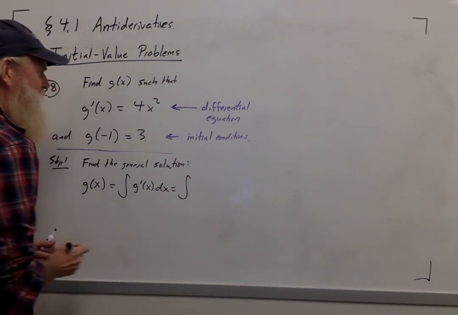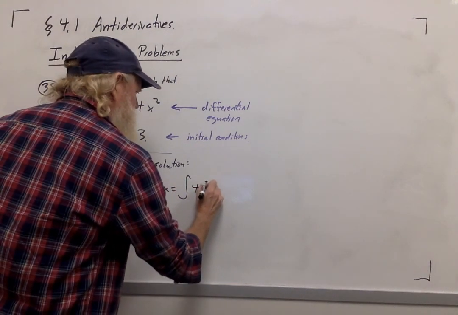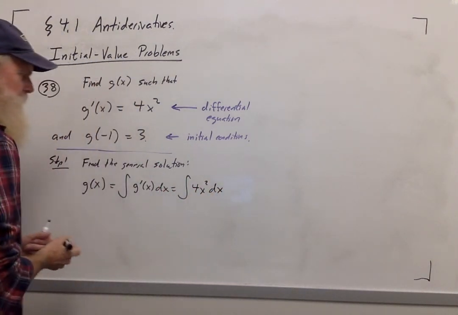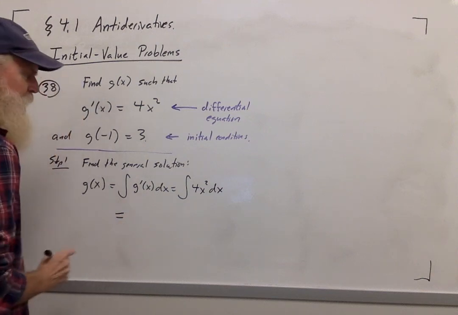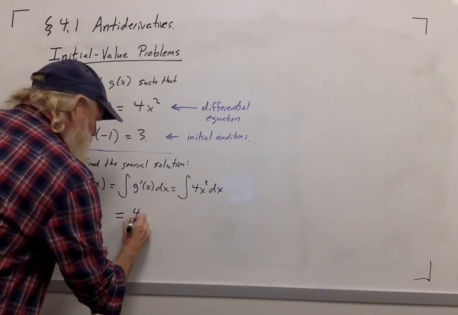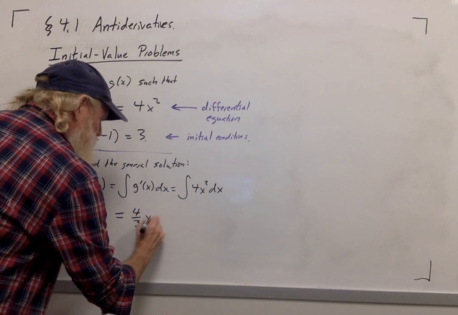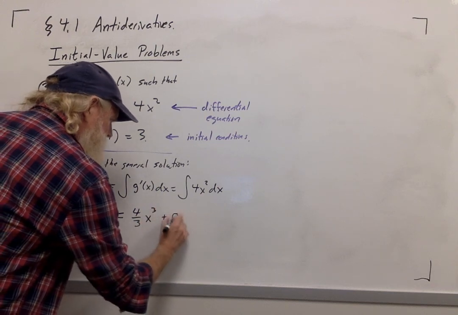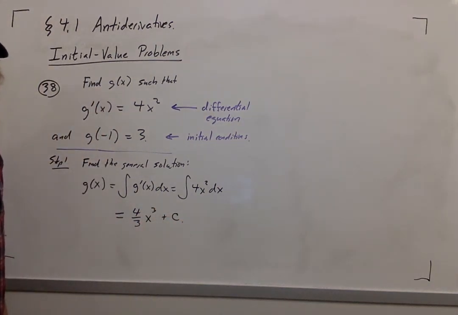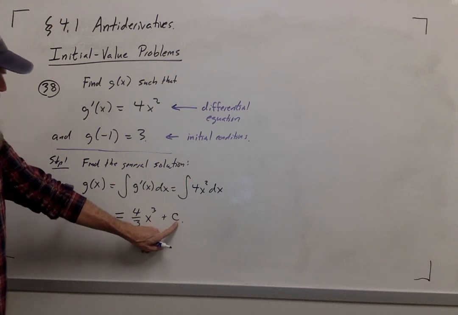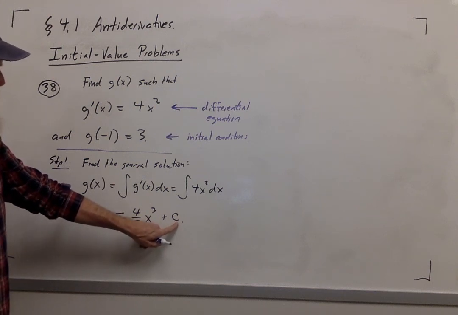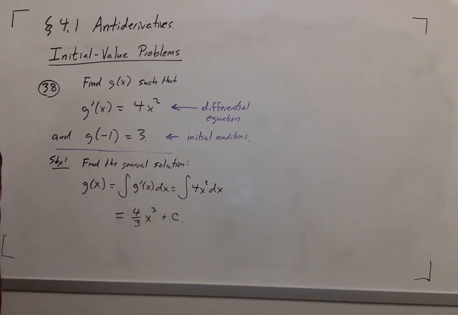In other words, an antiderivative of 4x squared. Take the antiderivative as usual, we get 4/3 x cubed plus c. The next step is to find out what specific value of c will make g of negative 1 equal to 3.